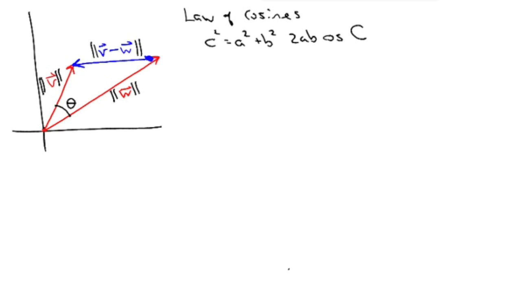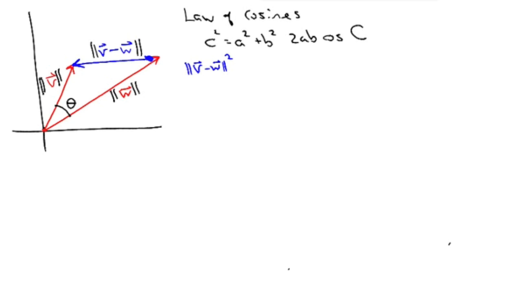You know, where C is the side opposite the angle you're looking for. Well, the side opposite of the angle I'm looking for has a magnitude of V minus W. So over here I'm going to put the magnitude of V minus W squared.